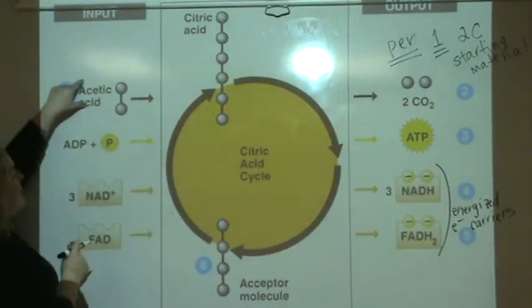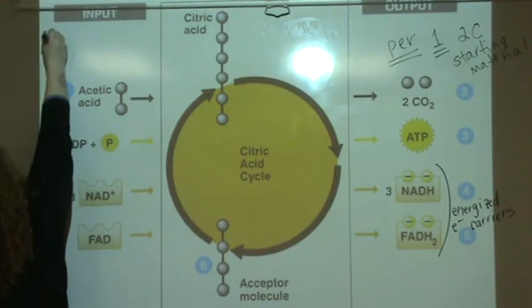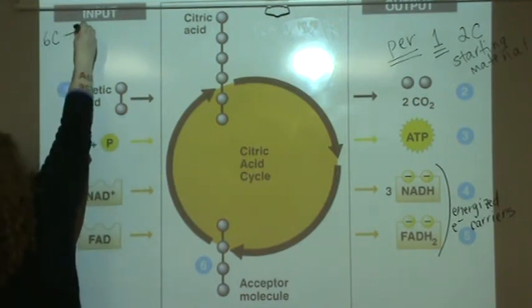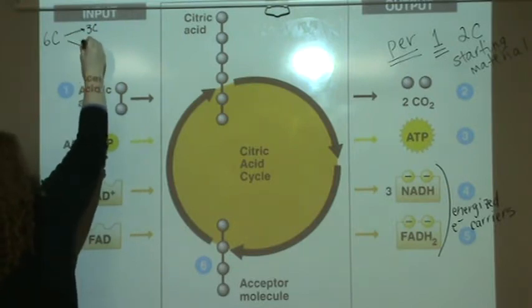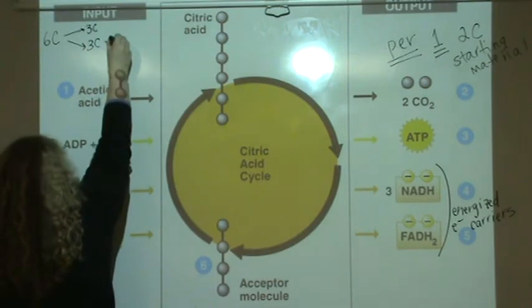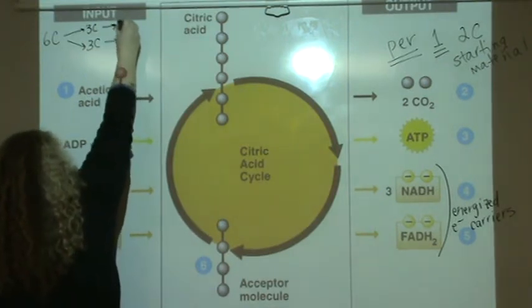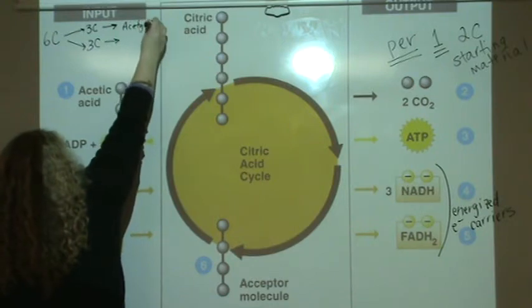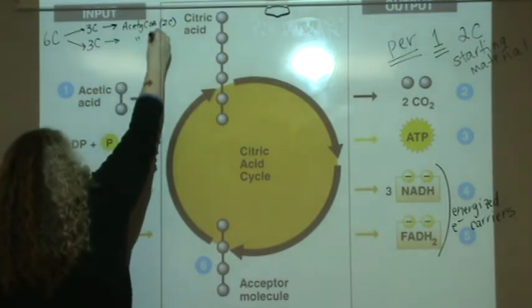So if you think about over on this side, we started with a 6 carbon glucose. We then had 2 3 carbon pyruvic acids. We then had from each of those an acetyl-CoA that was 2 carbon.